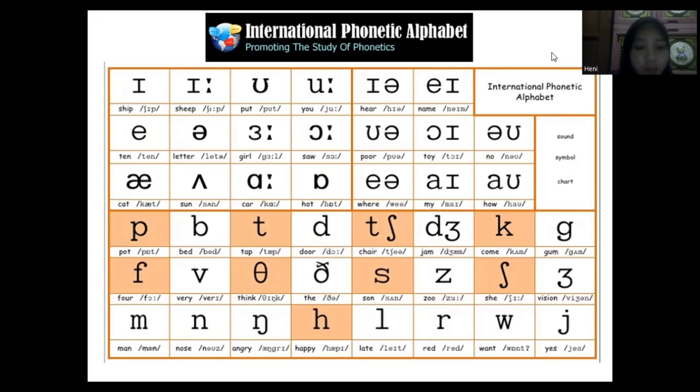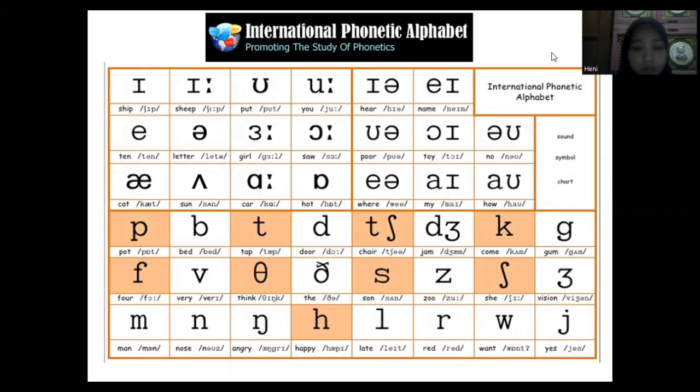The example is the. S is voiceless. The example is sun. Next, Z is voiced.